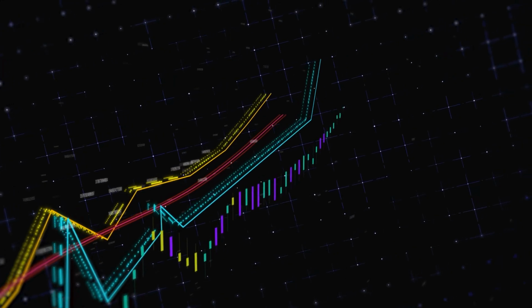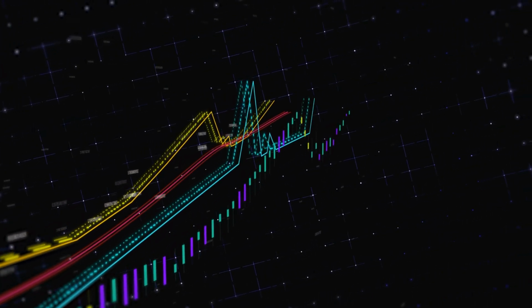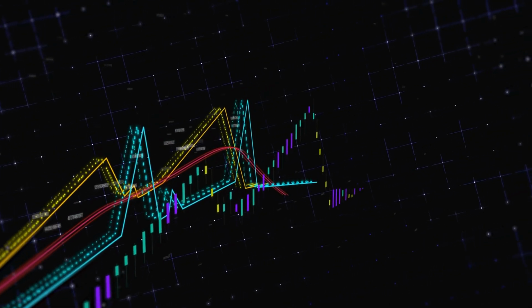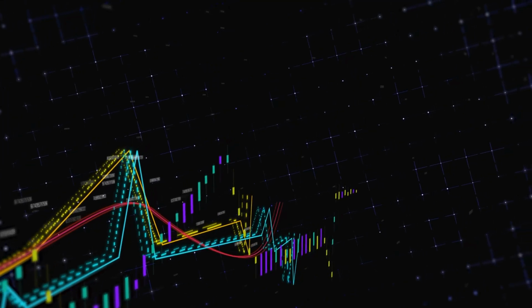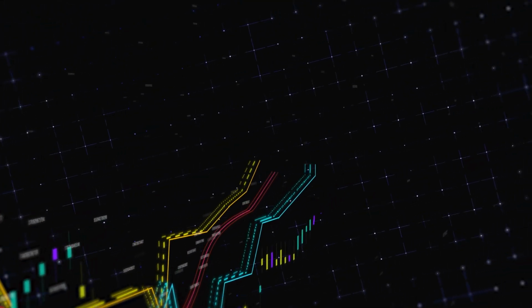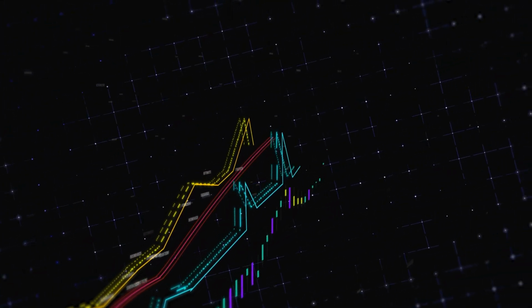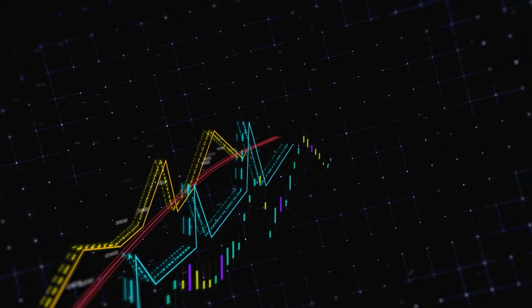Like the ECG graph, going up and down, going up and down, in the same manner, prices go up and down. There are two reasons: systematic factors and non-systematic factors. Systematic factors will contribute systematic risk, whereas non-systematic factors will contribute non-systematic risk.